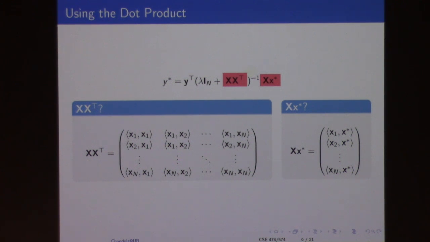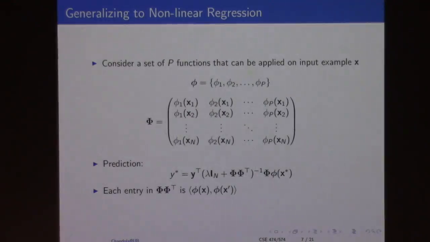So let's keep this information with us. Now let's say that instead of just working with x, I want to work with nonlinear versions of x, so that I can get nonlinear boundaries. One way we saw in our previous discussion is to apply basis functions. So let's say I have a vector of basis functions.